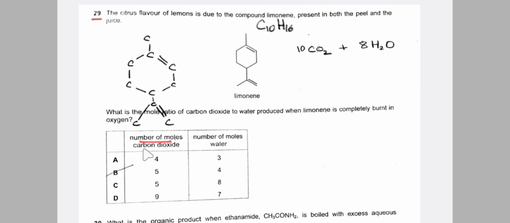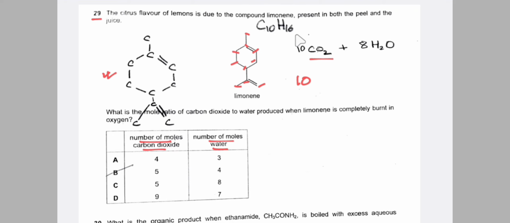So we need the number of moles of carbon dioxide and the number of moles of water. If we draw this structure in this way, it contains 1, 2, 3, 4, 5, 6, 7, 8, 9, 10 carbons, which means 10 carbon dioxide is formed.